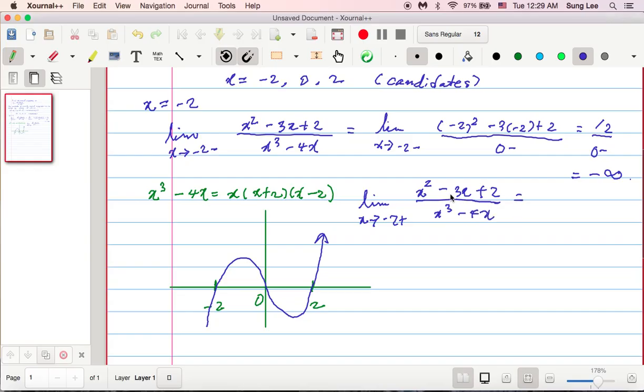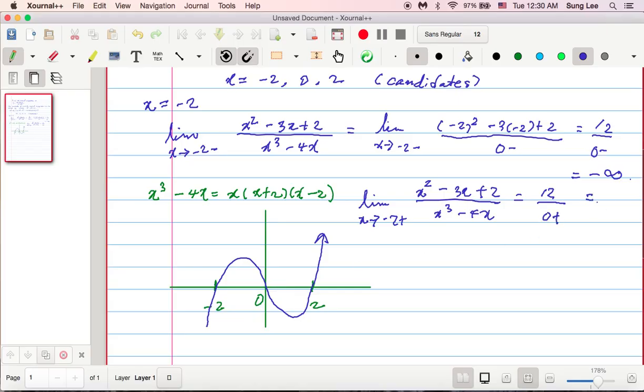So in this case, the numerator is still 12, same thing, but the denominator is going to go to 0, infinitesimal, but what is going to be the sign? From this graph here, that's obvious that when x approaches 2 from the right side, the right hand limit of denominator is going to be 0 positive infinitesimal.